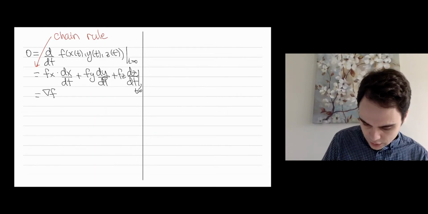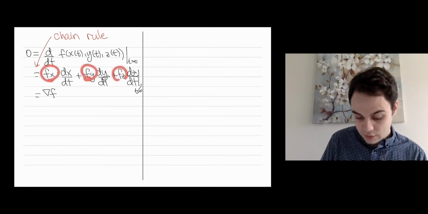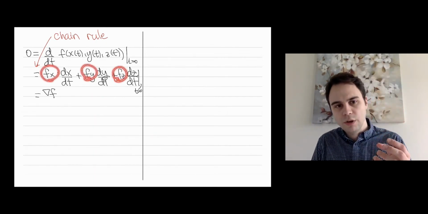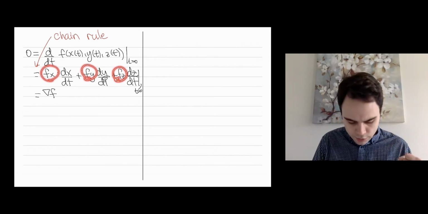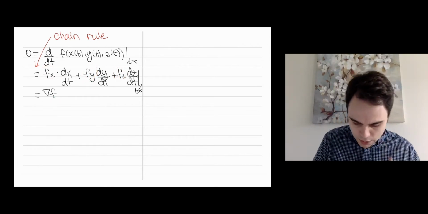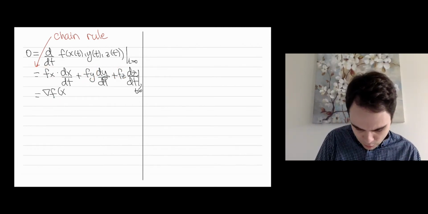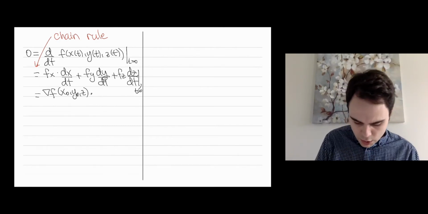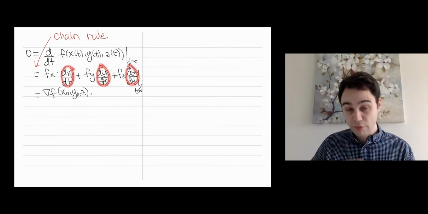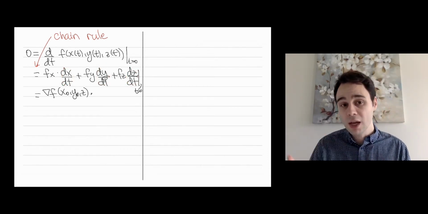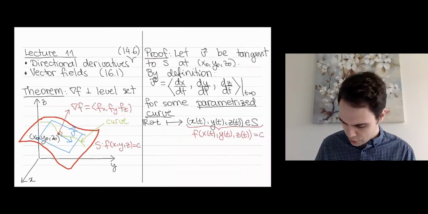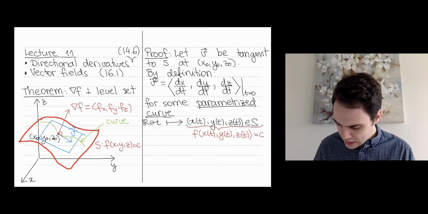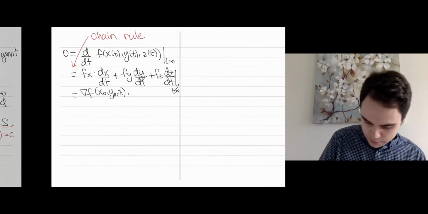These three partials are the components of the gradient, and here we're evaluating it at the point x0, y0, z0, and then we do the dot product with these three time derivatives. So the three components of the velocity of the curve when time is 0, that is v.